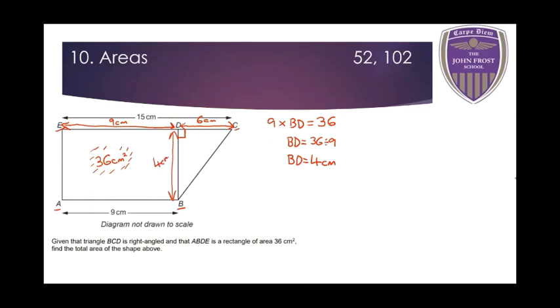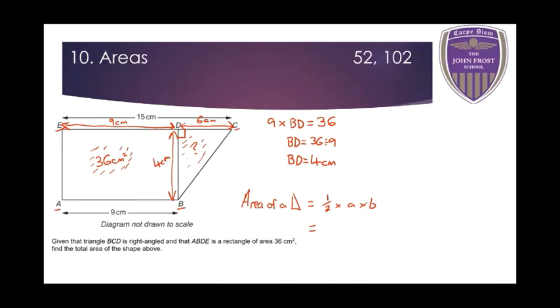Okay, job done. Well, not quite near the end yet. So we know that the area of the rectangle is 36 centimeters squared. We need to find out the area of this triangle. Okay, so let's think about the formula. Area of a triangle is half times A times B. Okay, and what do we know?